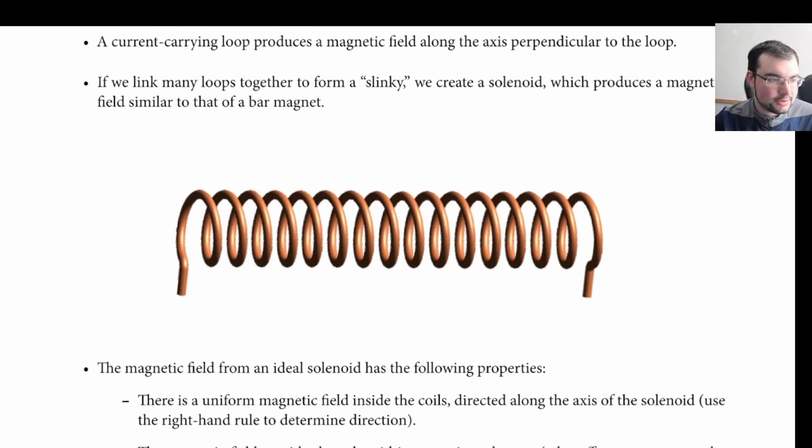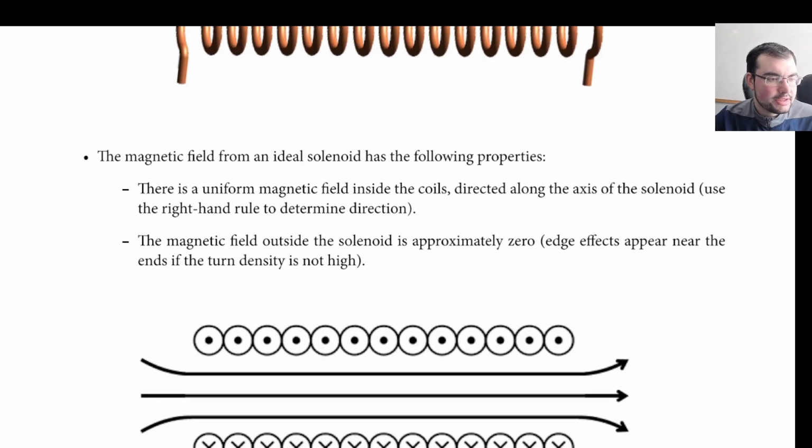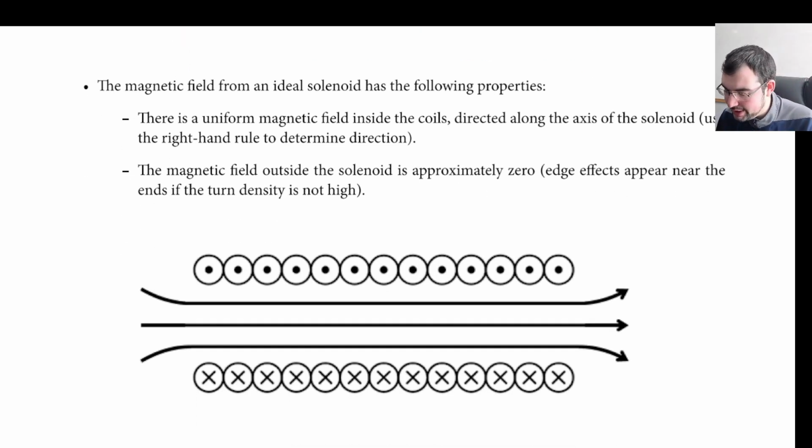So that's how we confine or trap a B field and make a uniform B field, by tightly winding a bunch of coils. So to define the magnetic field from a solenoid, of course, we pretend edge effects don't exist. Our solenoids are very long. So the best way to get a good solenoid is to have a long solenoid with many, many turns. So we'll talk about the turns per unit length. So it's how many coils you have per meter.